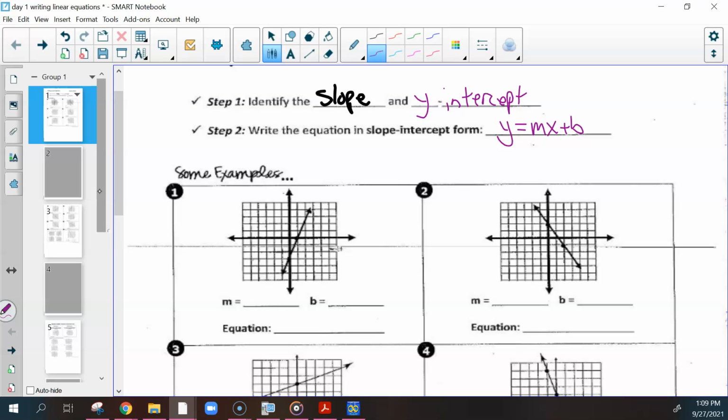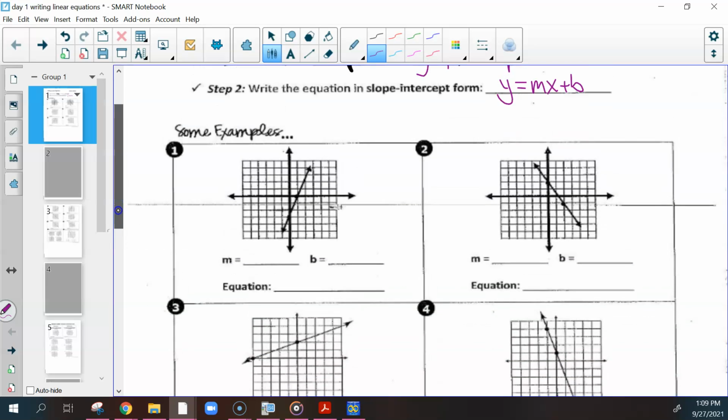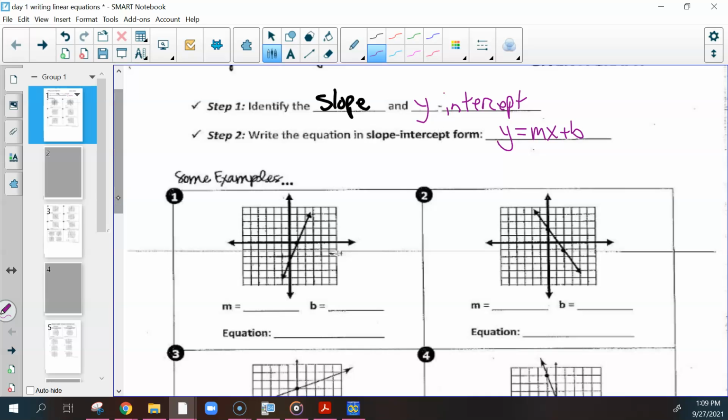Some of these I think have points, but the lines are a little weird, so you might have to look for it. I would say try and find your lines at first because that's easiest to spot, wherever it crosses the y-axis. Negative 3? Yeah. And then find 2 points on the graph.